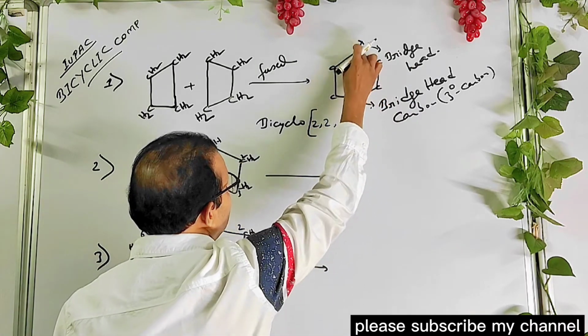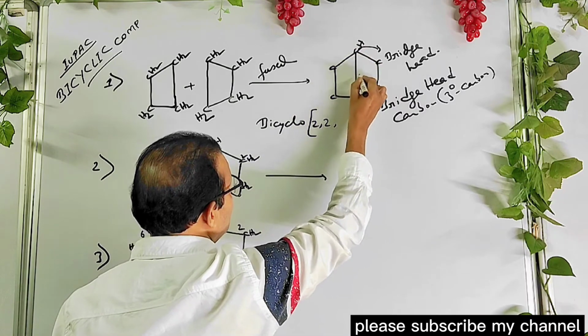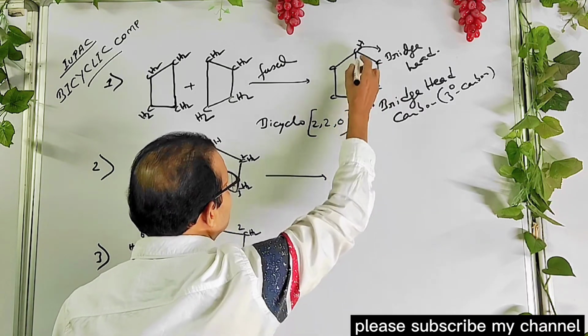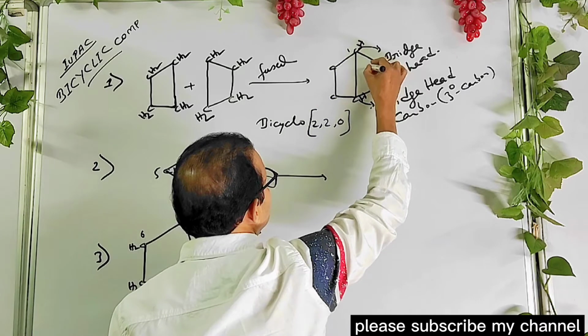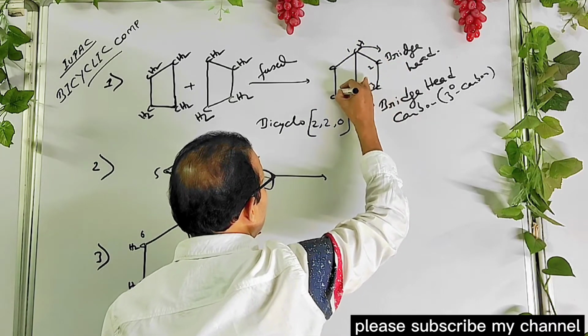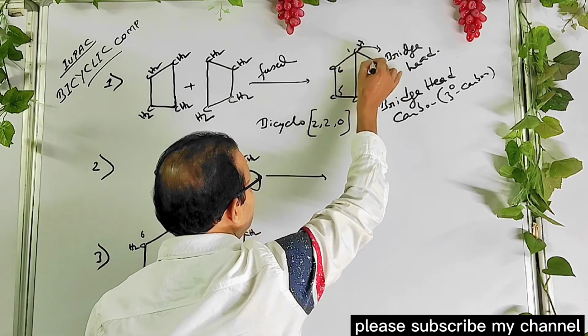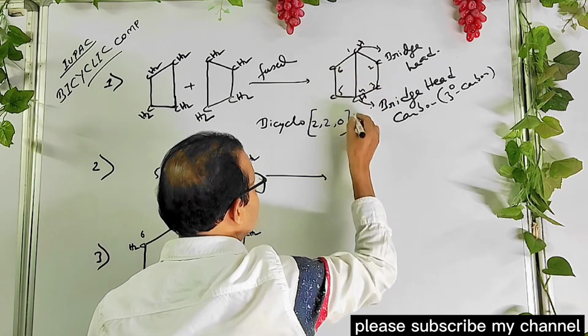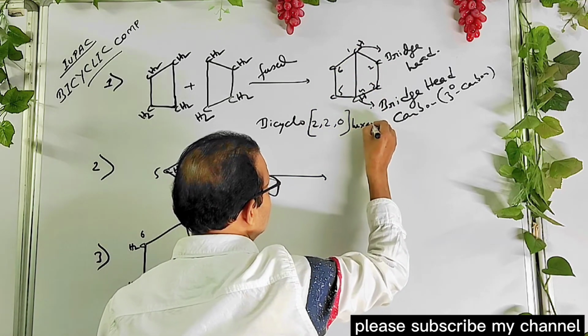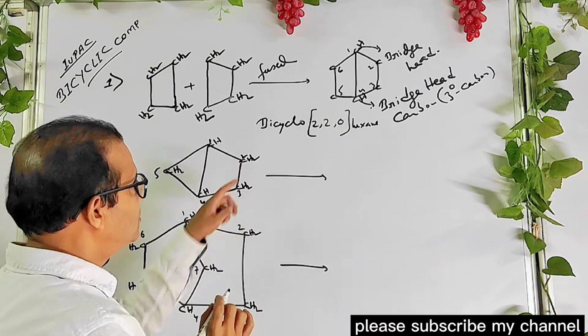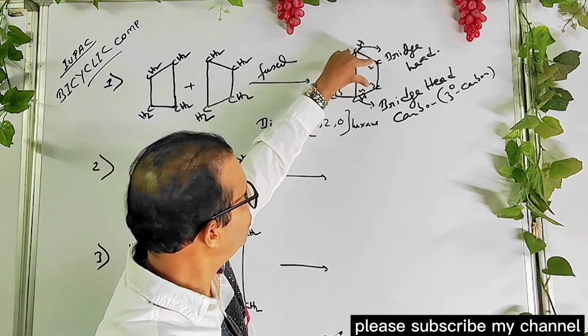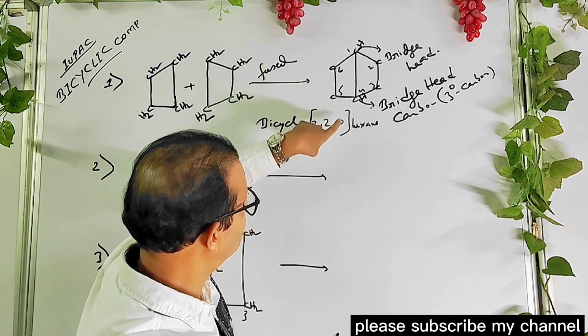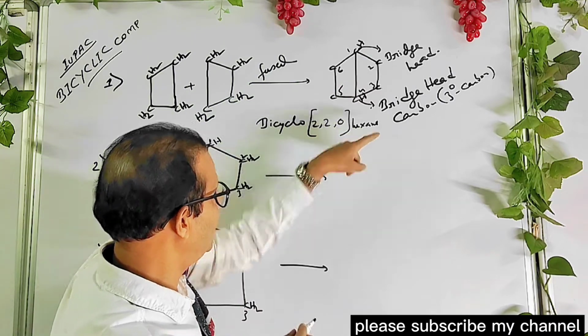In between the bridgehead carbons there is no carbon, so it is 0. Total number of carbon atoms 1, 2, 3, 4, 5, 6: methane, ethane, propane, butane, pentane, hexane. So its IUPAC name is bicyclo[2.2.0]hexane.